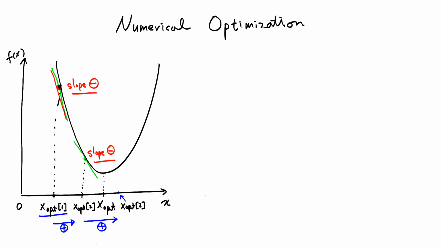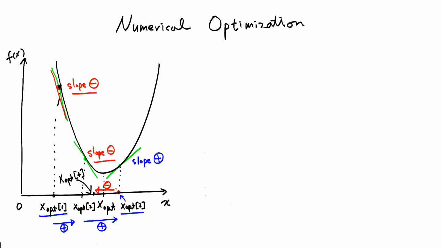So now you are here, and you find the slope again. And we see that the slope is now positive. And if the slope is positive, we want to move this x opt of 3 in the negative direction, the opposite direction. From here, we go in a negative direction, and this point can be x opt of 4.